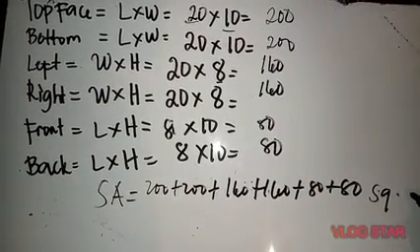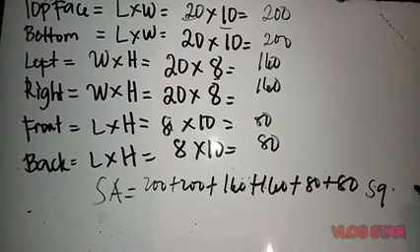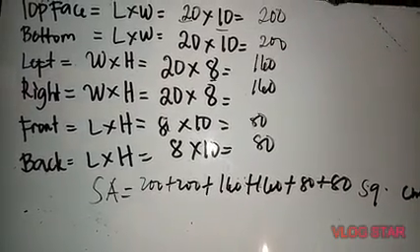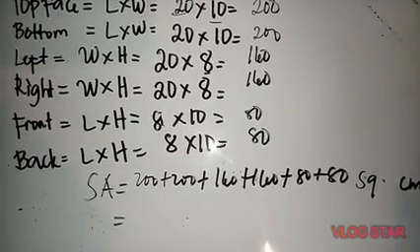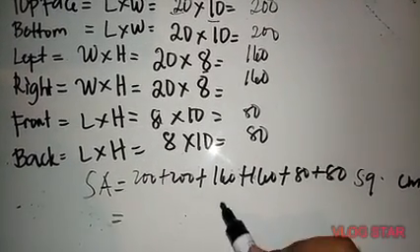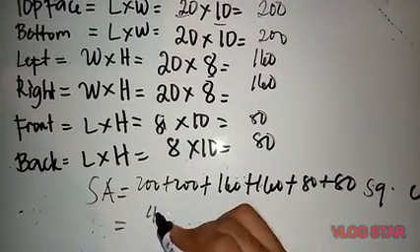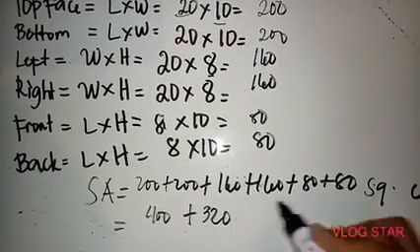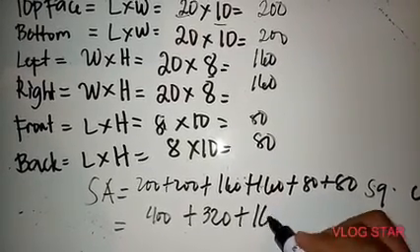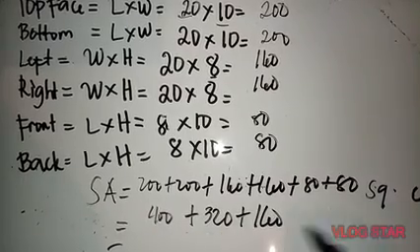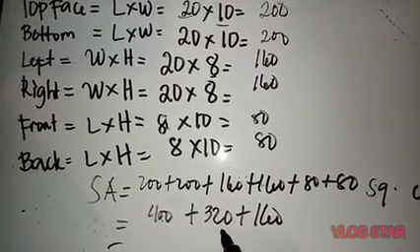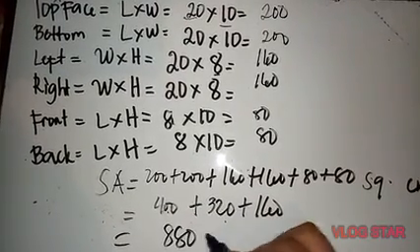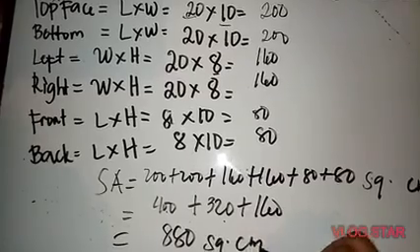So this one is square centimeters. If you add 200 plus 200, that's 400. 160 plus 160 is 320, then 80 plus 80 is 160. So 400 plus 320 is 720, plus 160 is 880 square centimeters.